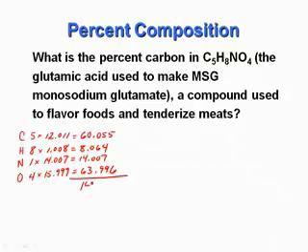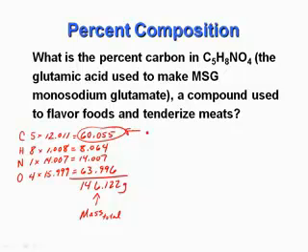I get 146.122. So that is the grams per mole of MSG, and that is going to be our total mass. All right, this piece right here, that is our component mass, or the mass of our carbon.